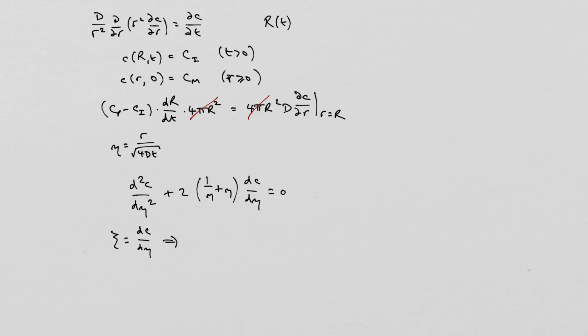So plug that in: d psi by d eta plus 2 (1 over eta plus eta) psi is naught. So that still is separable.